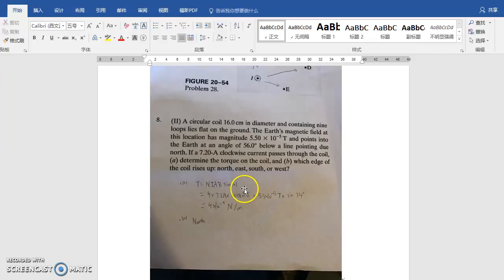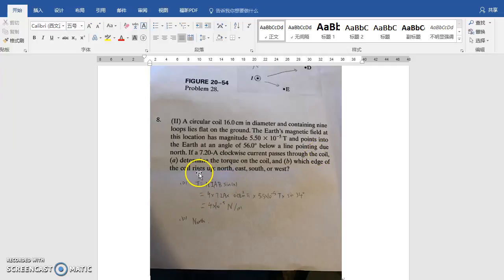So we use sine theta here because it is 56 below the line. So cosine 56 is also equal to sine 34, because 90 minus 56 is equal to 34. So sine 34 is equal to cosine 56. So we can plug in the numbers and calculate the torque.